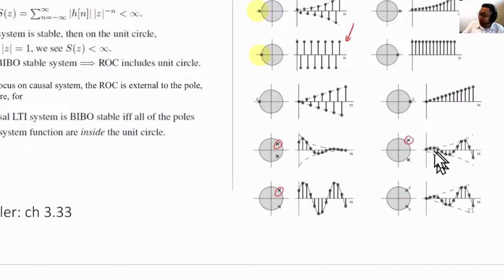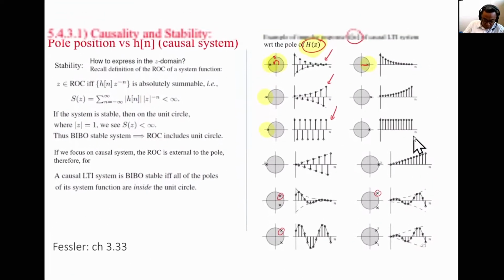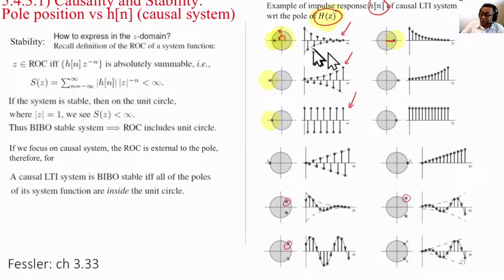And when it's outside, it will grow. The complex exponential will be rotating and it will grow. So with that, you will see that one of the reasons why we plot the pole and zero diagram is to very quickly determine if the system is BIBO or not.